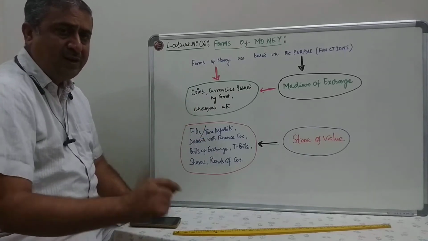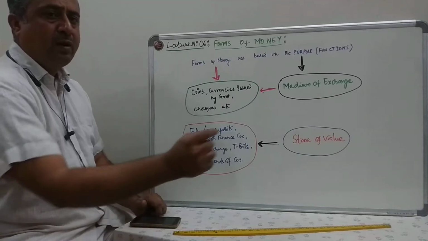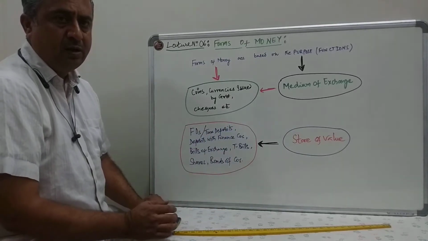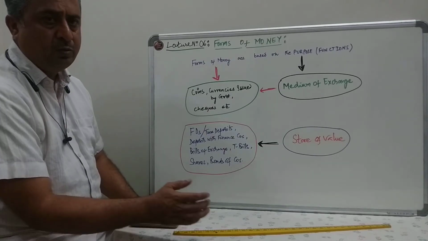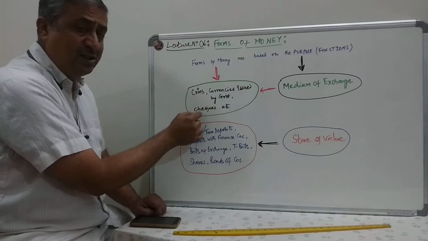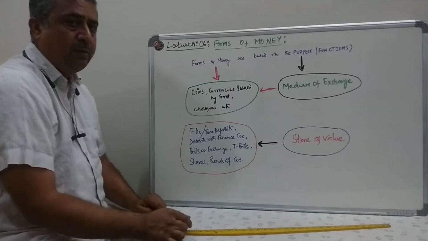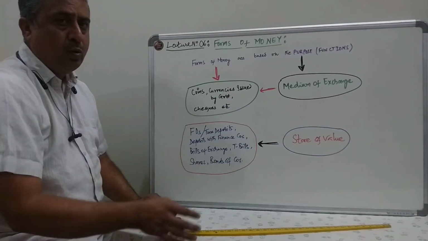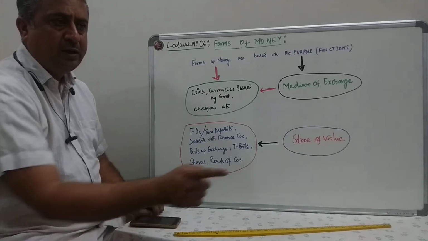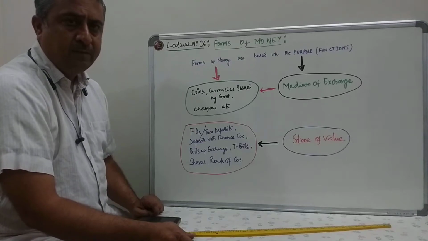Two, checks. You write a check in favor of some person against a certain outstanding amount. That is also one form of money. These checks are also used as a medium of exchange. You go to the market, you buy something, you write down a check and give it to the person opposite.